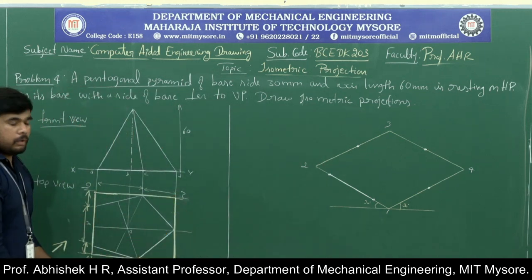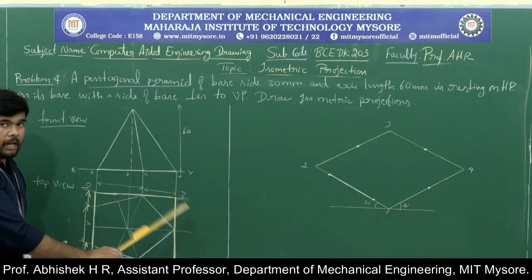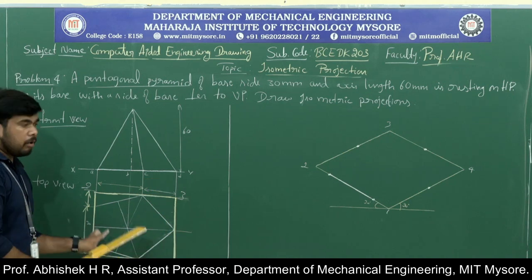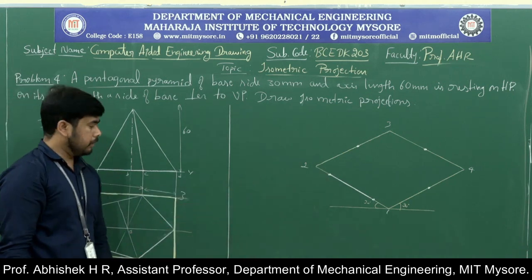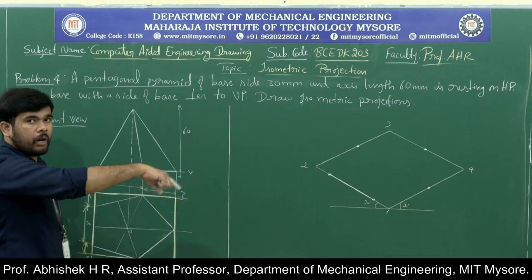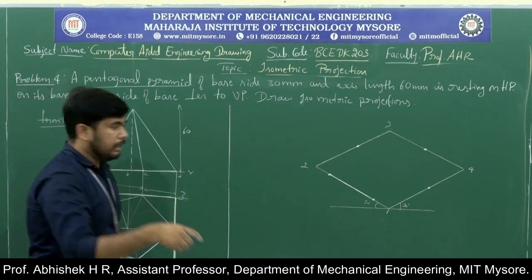How have we marked here? Based on this top view. 1, 2, 3, 4. We have a square here. Within that we have a pentagon. Based on that I have marked the areas. Now I'll just join this to make it a pentagonal area.